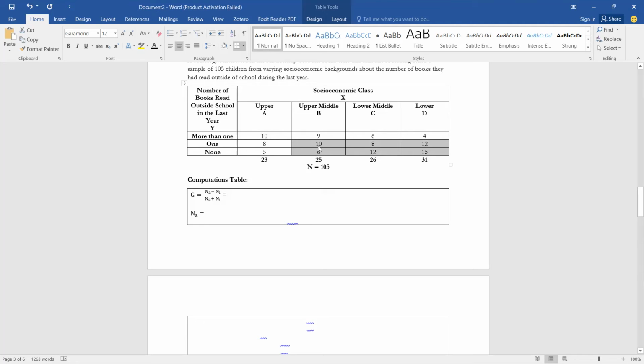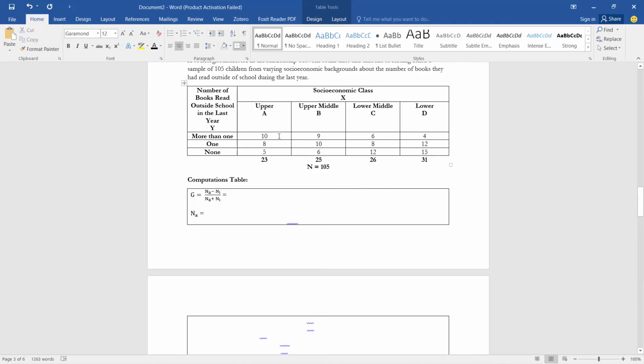These are the cases that are below or to the right of this cell, these are your agreements, because as you can see here, these cases are both lower on both variables compared to this case.